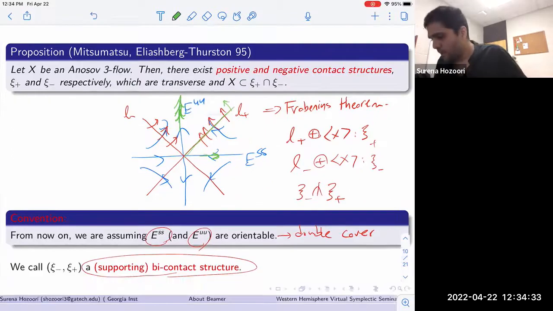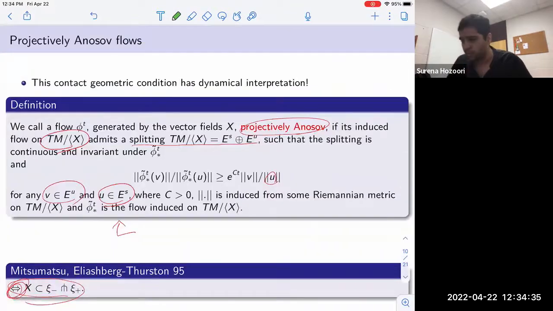Okay, and it turns out that, as I said, this dynamical definition is equivalent to this property, which is a purely contact geometric property. So the next question would be natural.